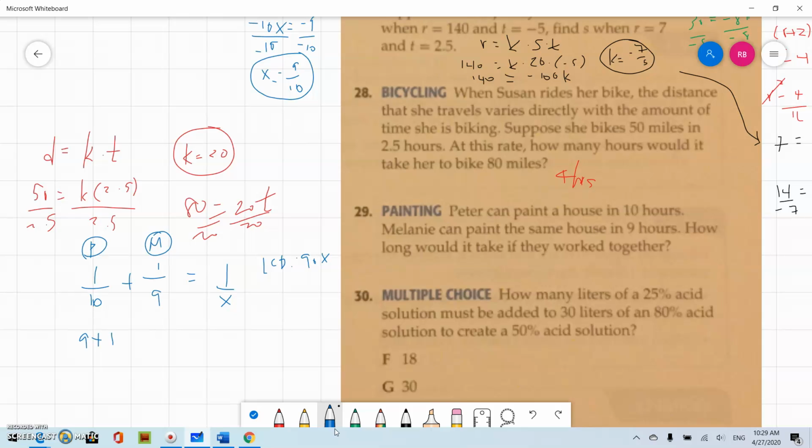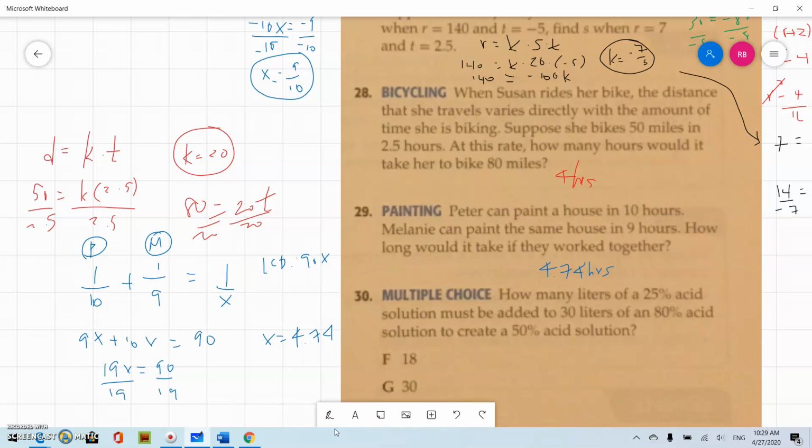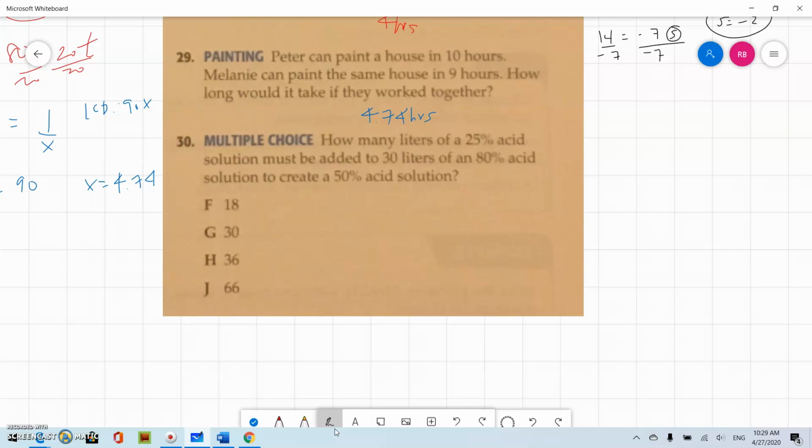So 9x plus 10x is equal to 90. 19x is equal to 90, divided by 19. x is 90 over 19. That's about 4.74, so about 4.74 hours. Okay, so less than 5 hours. That's cool.